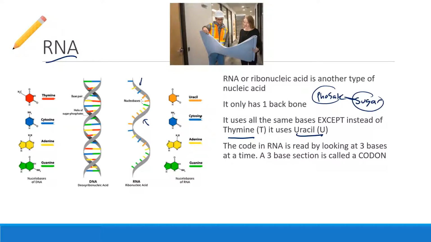So if you look at this, we've got cytosine, adenine, guanine, thymine, uracil. You might be like, well, okay, what does that do?